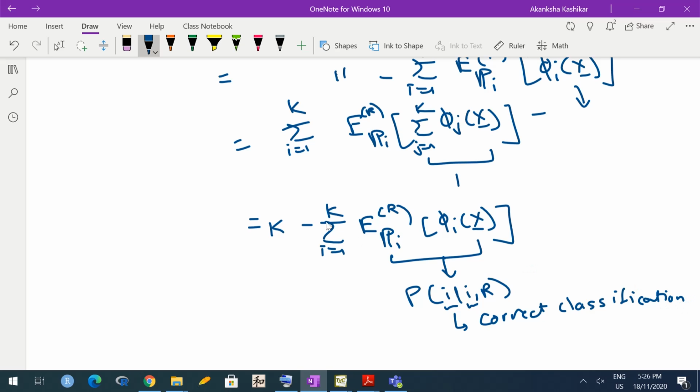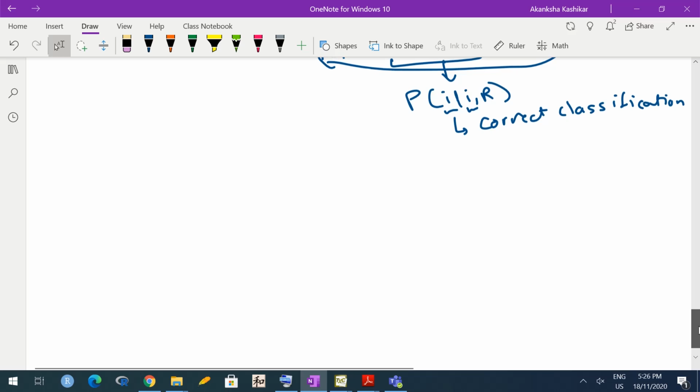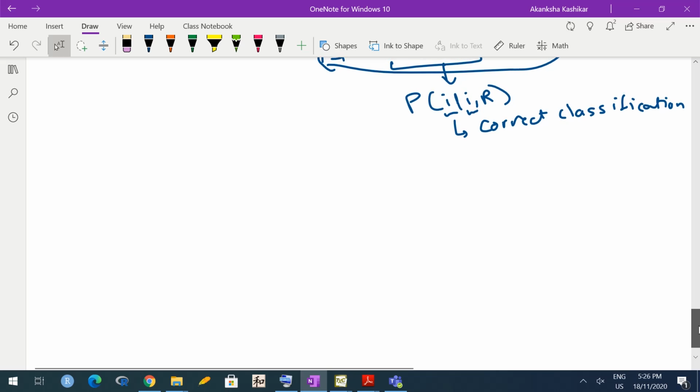And the sign says, so T is equal to this. So minimizing T is the same as maximizing this. Intuitively also it makes sense that if you are minimizing misclassification, you are maximizing the probability of correct classification. Okay. So we can either minimize T or maximize this.